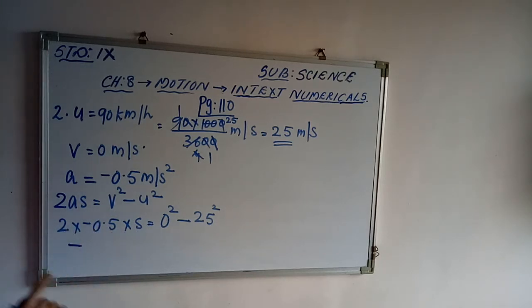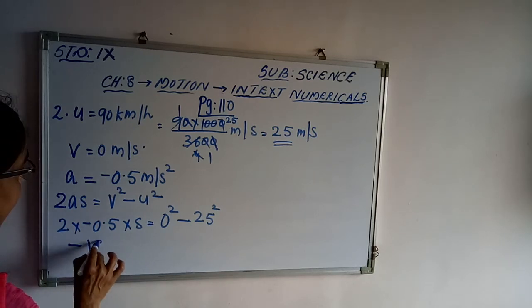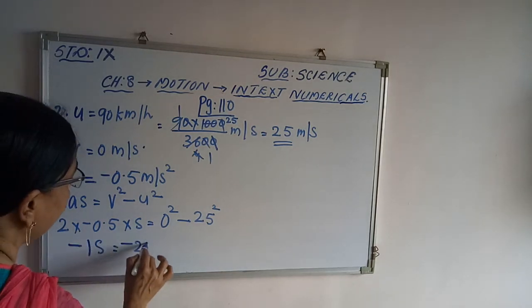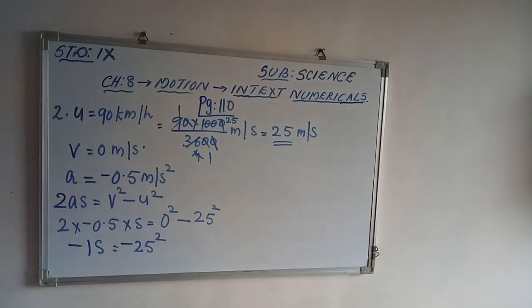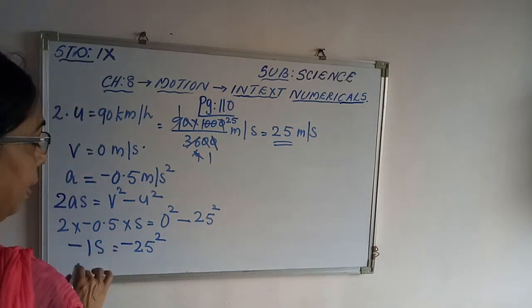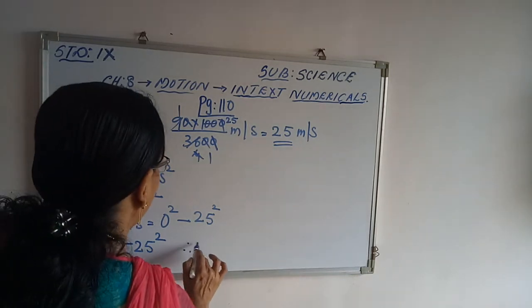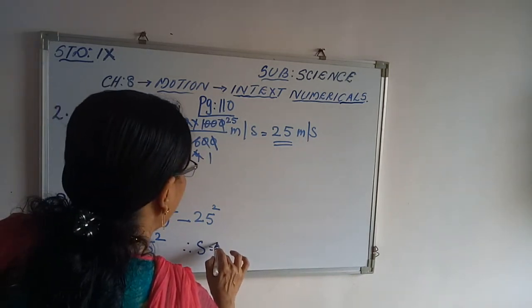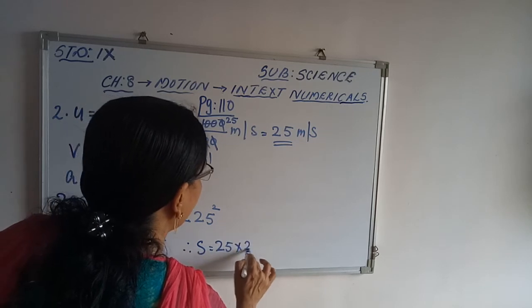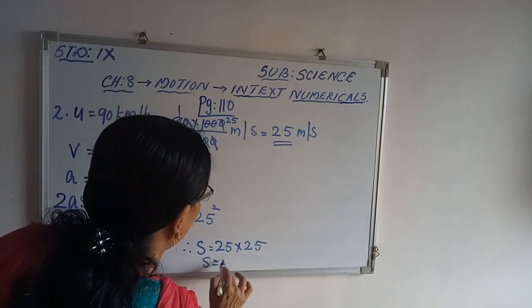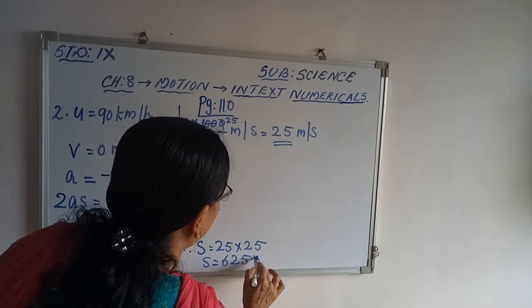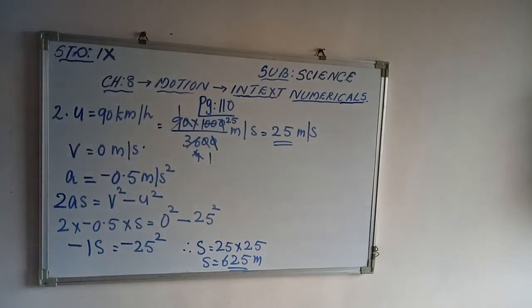How many decimal? 1 decimal. Minus 1 s is equal to minus 25 square. Minus s is equal to minus 25 square. Therefore, both the places minus, isn't it? Therefore, s is equal to 25 into 25, that is s is equal to 625 meter, isn't it? So, s is equal to 625 meter.